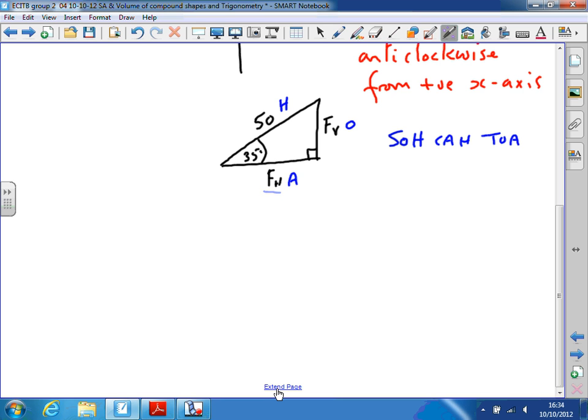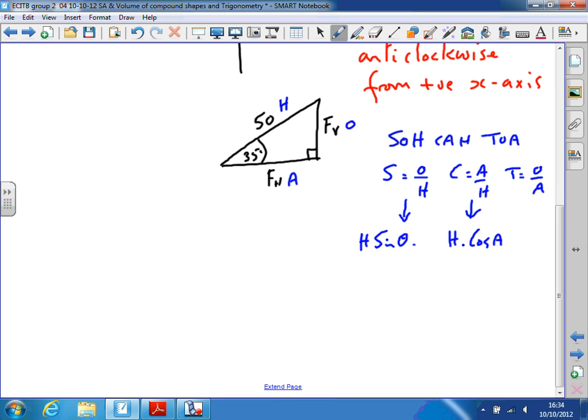Again, these tell me that sine equals opposite over hypotenuse, cosine equals adjacent over hypotenuse, opposite over adjacent for tangent. So if I want to find the opposite side, that's going to be the sine of the angle times the hypotenuse, or the hypotenuse times the sine of the angle. This is going to be the hypotenuse times the cosine of the angle.